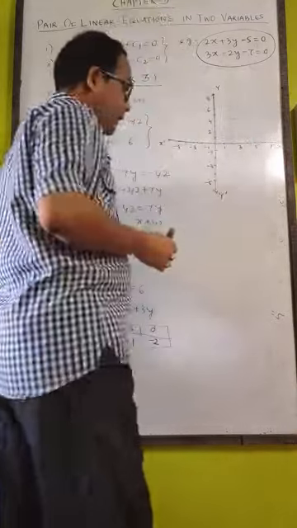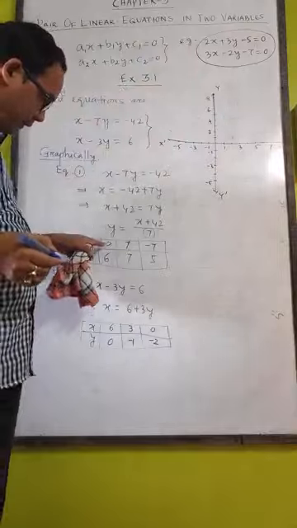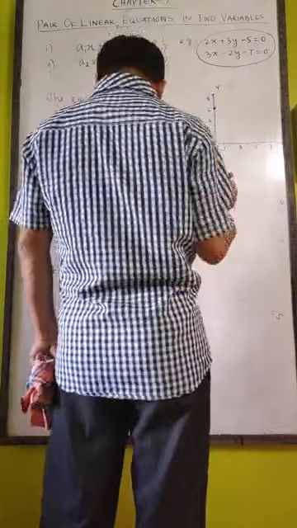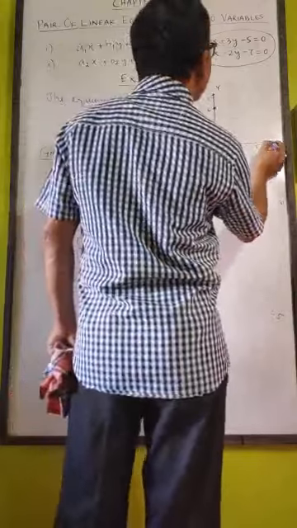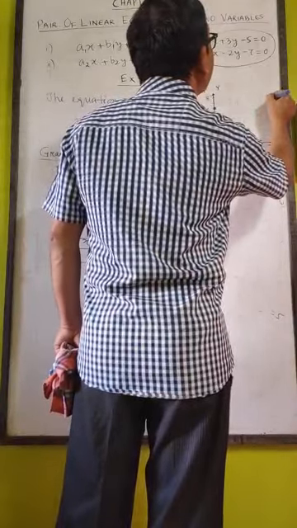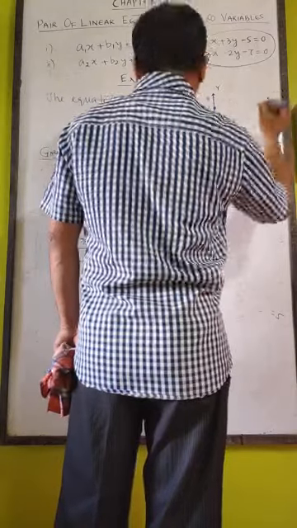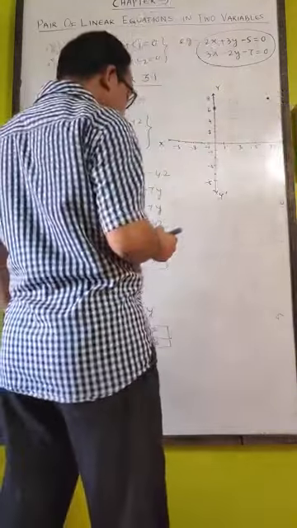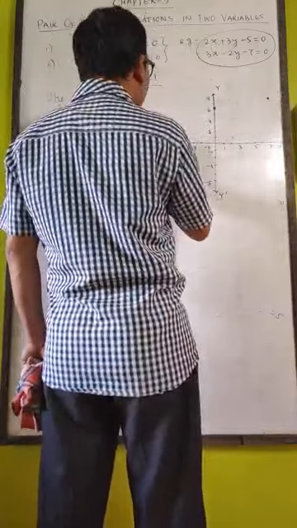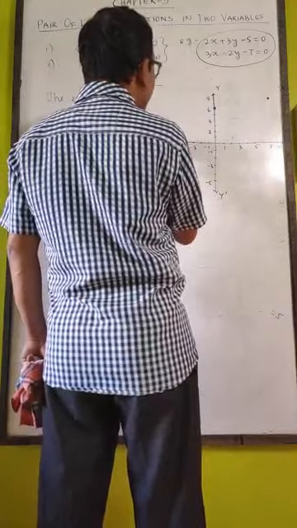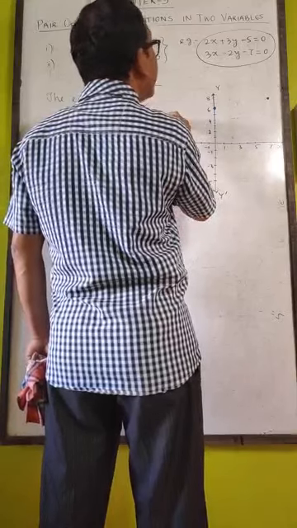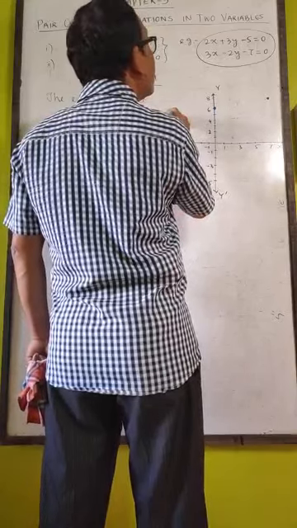Okay. Then next, let us plot 0, 6. Why 0, 6? It is here. Then 7 and 7, you plot here. The next is minus 7 and 5.